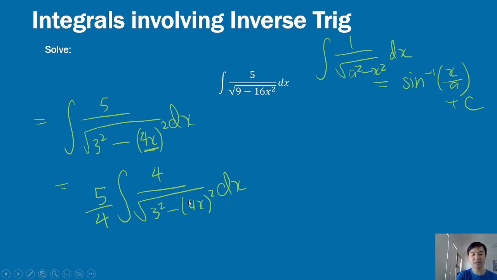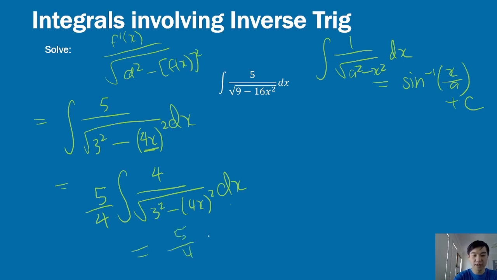So now this is in the perfect form of what you have on your reference sheet, where you've got the derivative on the outside and you've got a squared minus f of x squared. This is like x squared. So this will simply become 5 over 4 inverse sine 4x over 3 plus c.